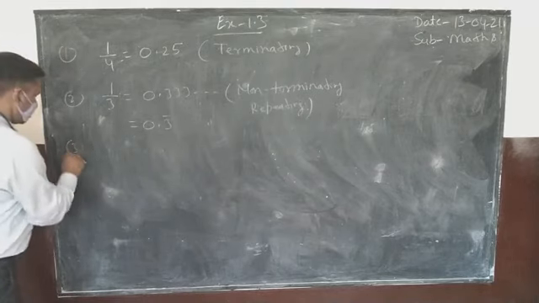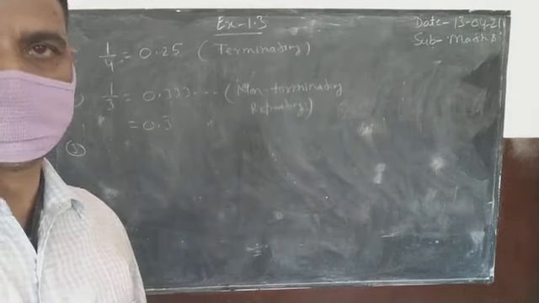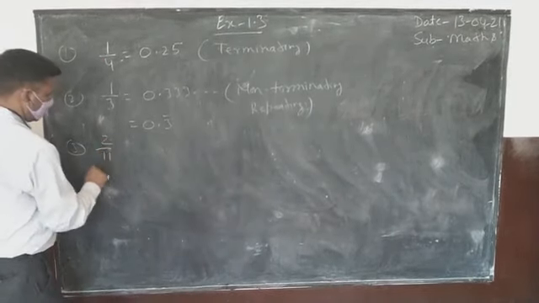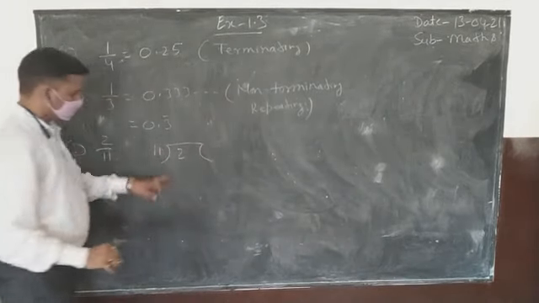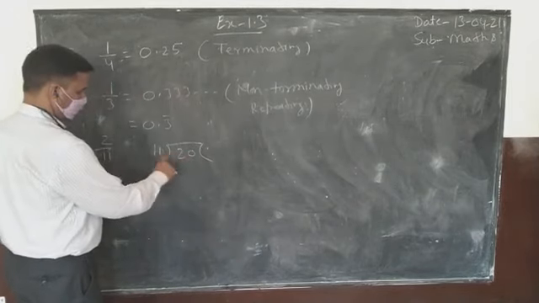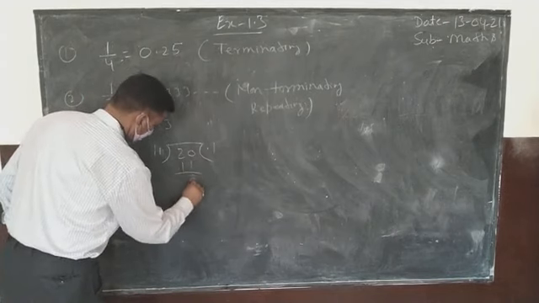Third type of problem. Next example, 2 upon 11. When we divide 2 by 11, first we put a decimal and add a 0. 11 twos are 22, the remainder is 9.